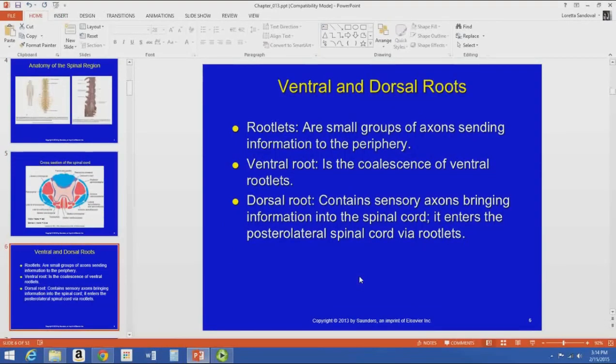In that first cadaver anatomy picture, they talked about the rootlets. Rootlets are small groups of axons that are sending information to the periphery. The ventral root is all the ventral rootlets coming together. And the dorsal root is sensory axons bringing information into the spinal cord, and it enters via those rootlets.